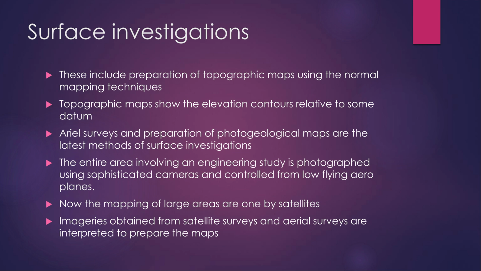Imageries obtained from satellite surveys and aerial surveys are interpreted to prepare the maps. So, surface investigations are basically done using cameras in satellites and aeroplanes, and these observations made by the cameras are interpreted to prepare the maps.